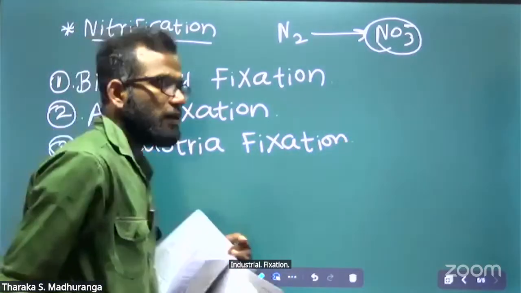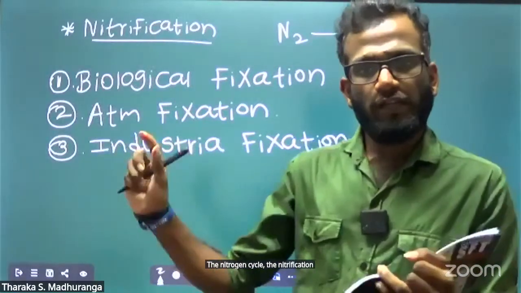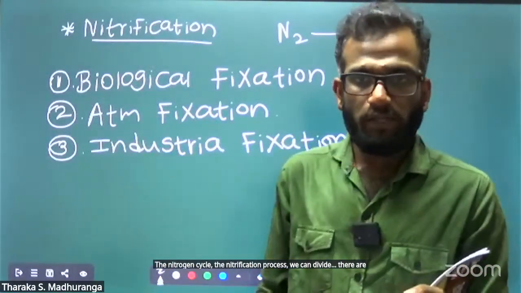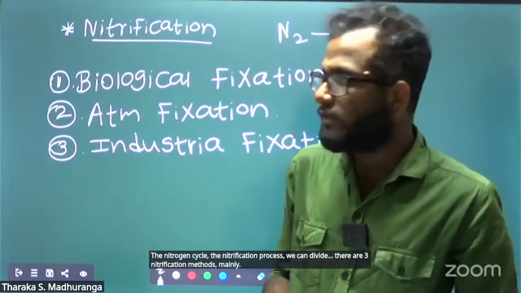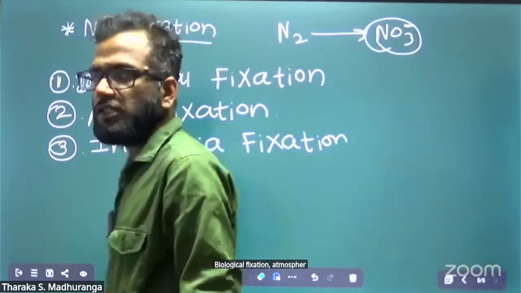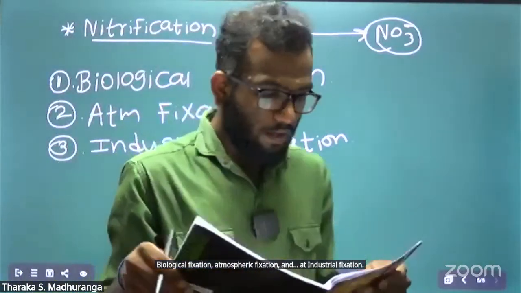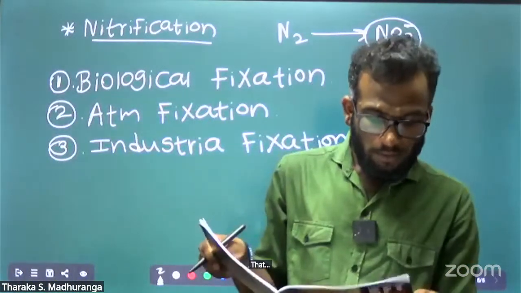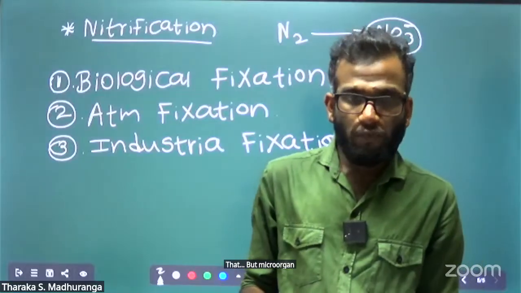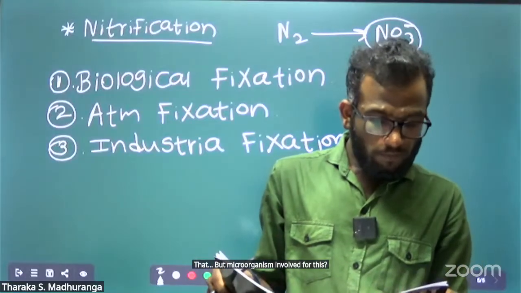In the nitrogen cycle, the nitrification process, we can divide into three methods mainly: biological fixation, atmospheric fixation, and industrial fixation. But microorganisms are involved in this biological fixation.